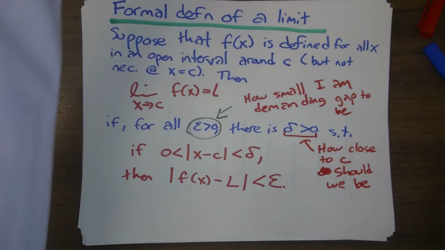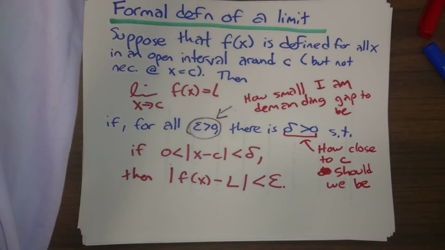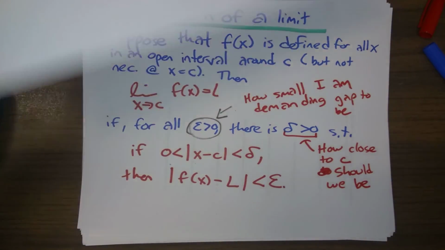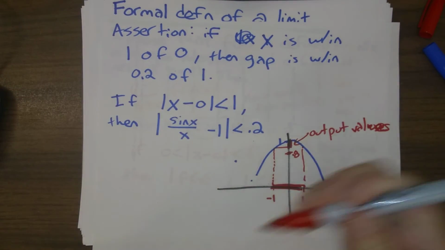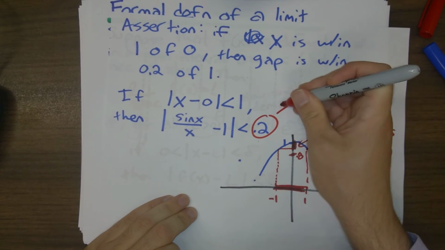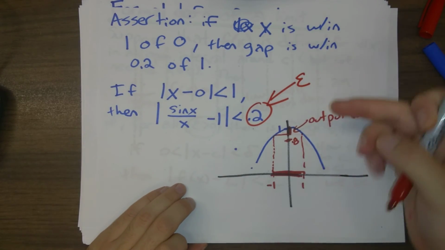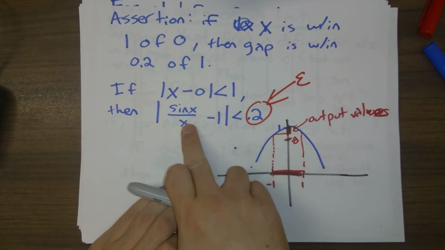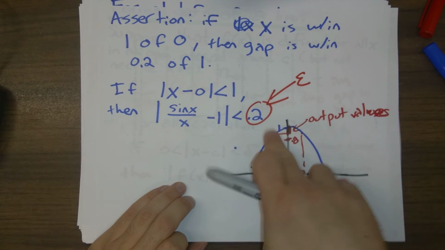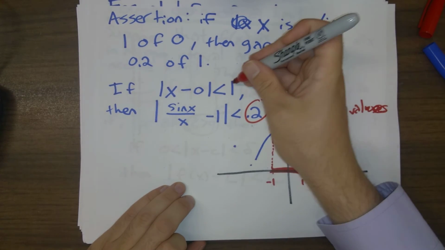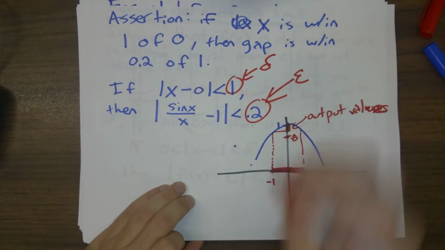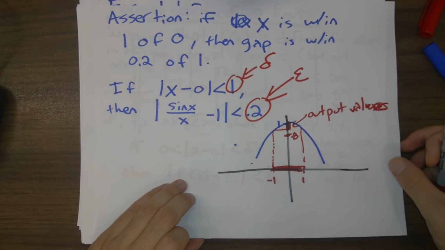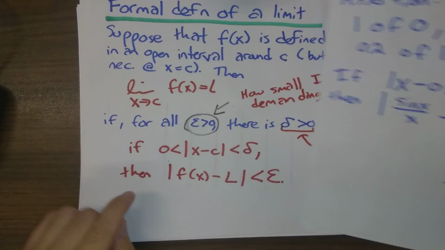So in the previous things that we just did, let me pull back this one here. This 0.2, that was epsilon. I chose epsilon: I want the gap to be less than this epsilon of 0.2. This one here was the delta. It's how close to 0 we have to be.